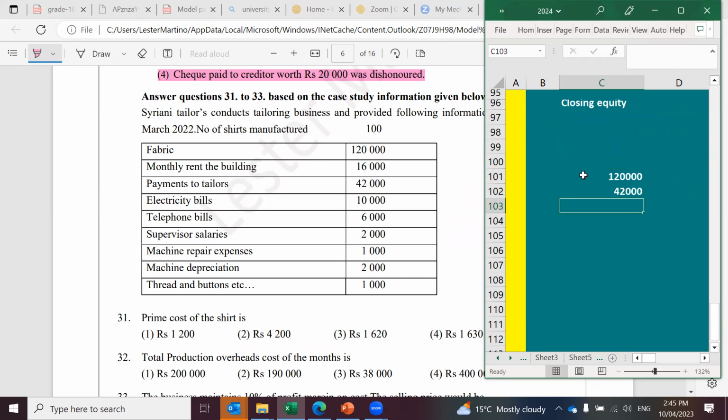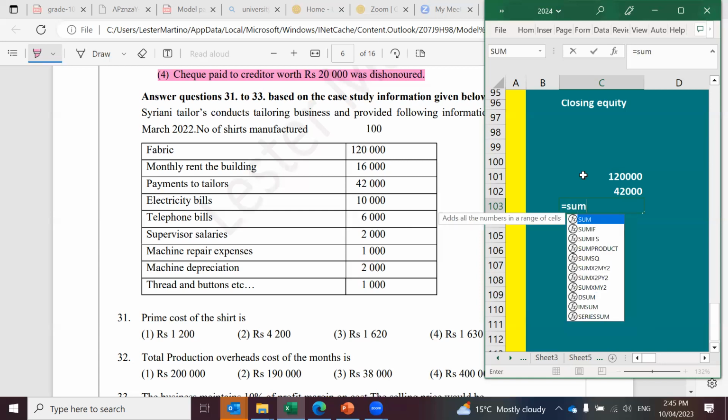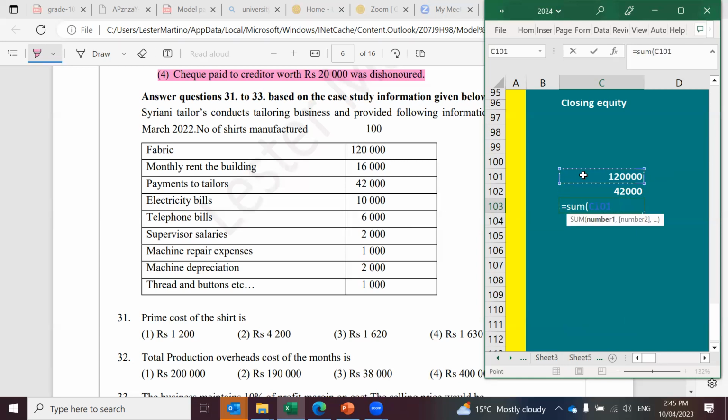Electricity bill, no. Telephone bill, no. Supervisor salaries, no. Machine repairs, no. Machine depreciation, no. Threads and buttons, because of the immateriality, you cannot take that as a prime cost. Answer is 162,000. So that divided by 100 shirts, 1,620 is the answer.